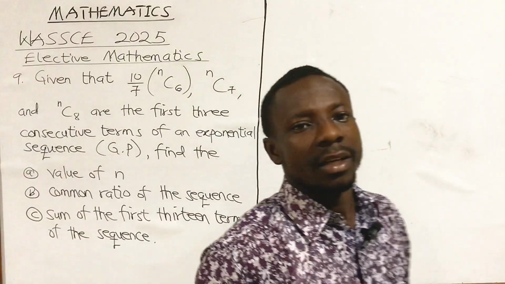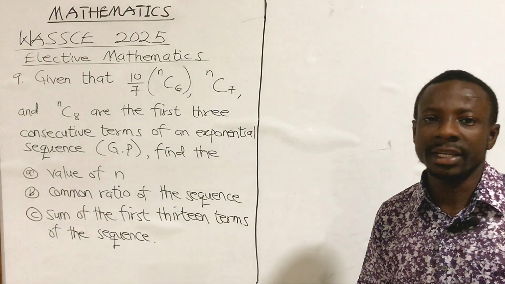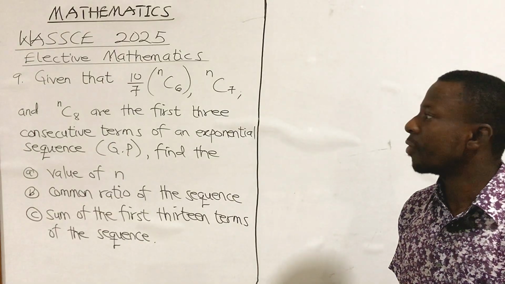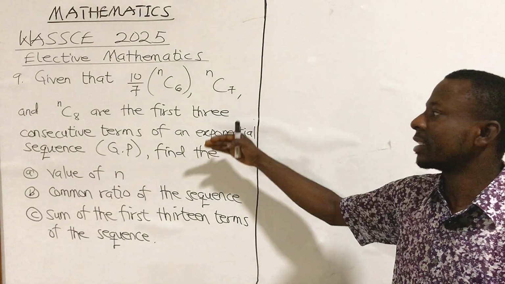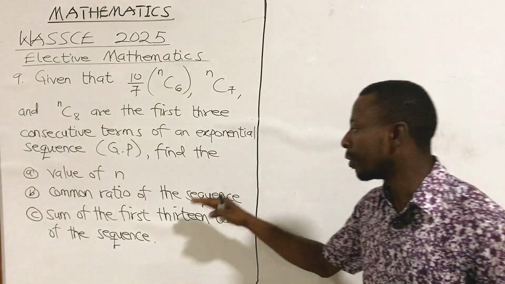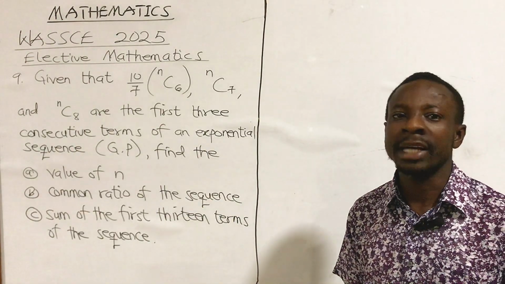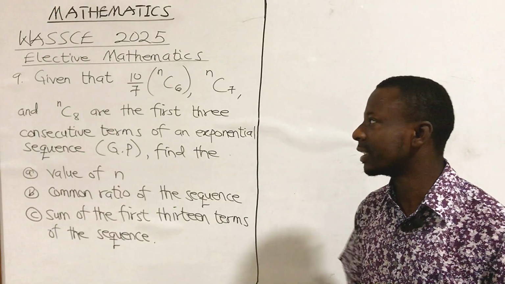Alright, so my cherished viewers, this was question 9 for WASSCE 2025. We're going to look at how we can get the value of n, the common ratio, as well as the sum of the first 13 terms. So now let's begin.